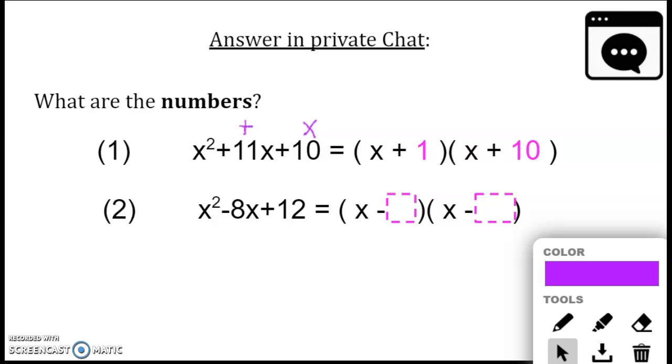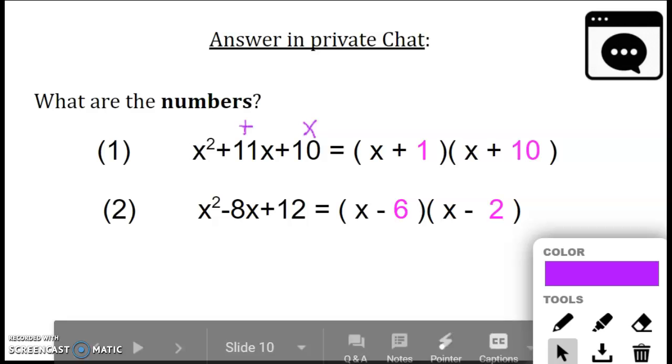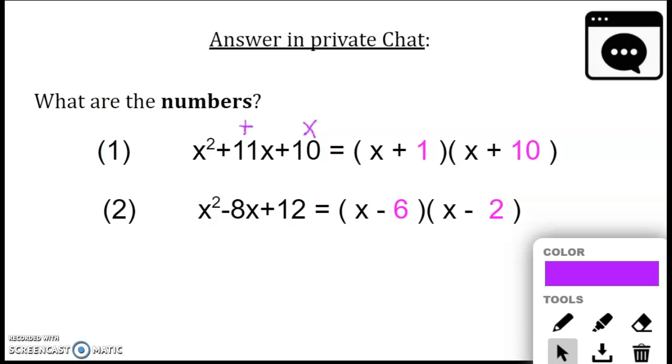Well, because this is negative 8, we're going to need negative signs here. So two numbers that add to 8 is what we're looking for. So that's going to be 2 and 6. Okay, if you have x minus 2 multiplied by x minus 6, that's exactly the same thing, just the same way. 2 times 3 is the same as 3 times 2.